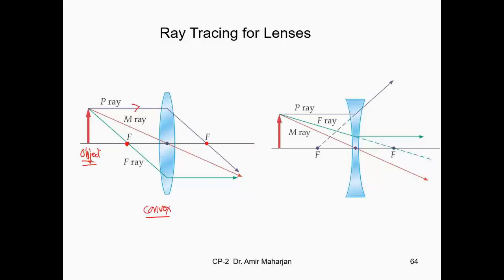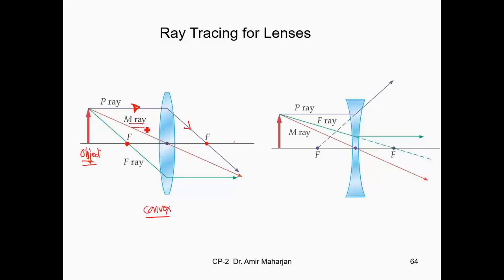What we definitely know is that any light ray parallel to the principal axis will go through the focal point. That's why we choose the P ray. So here's the trick. Let me tell you again: any ray parallel to the axis has to go through the focal point. And the next is the M ray.